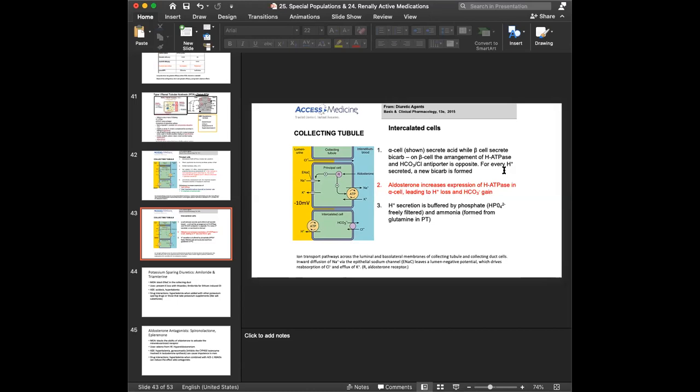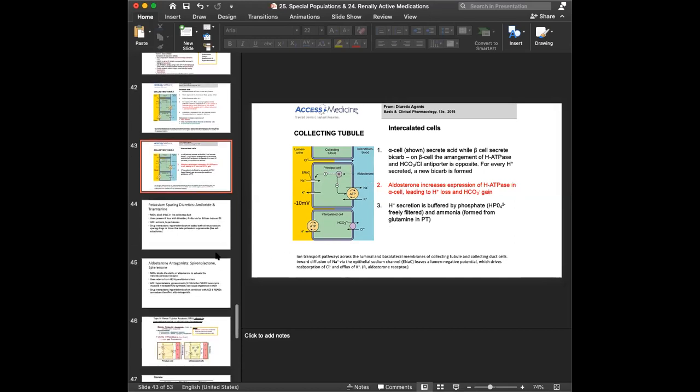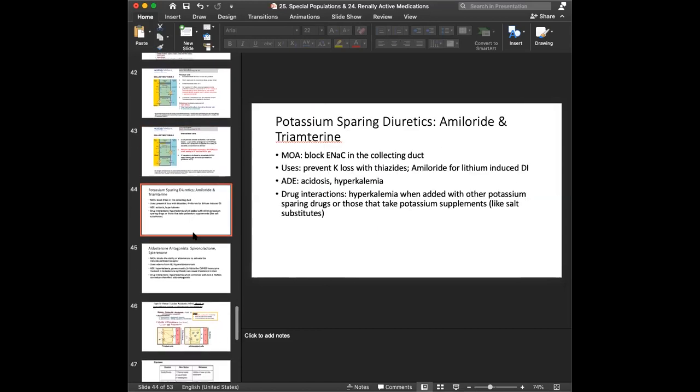Okay, so that hydrogen ATPase in the alpha cell leads to hydrogen loss and bicarb gain. That's just some physiology review.